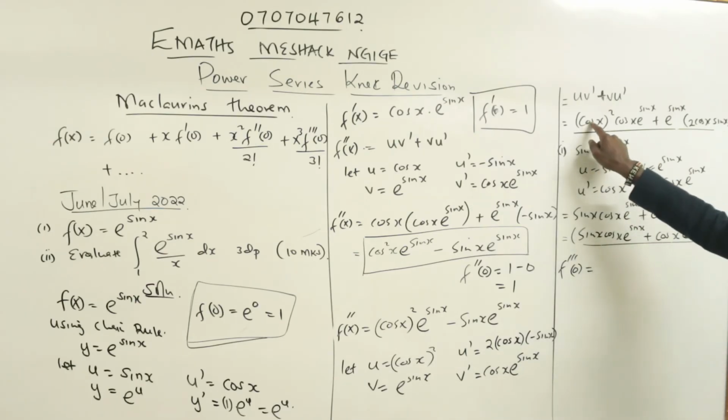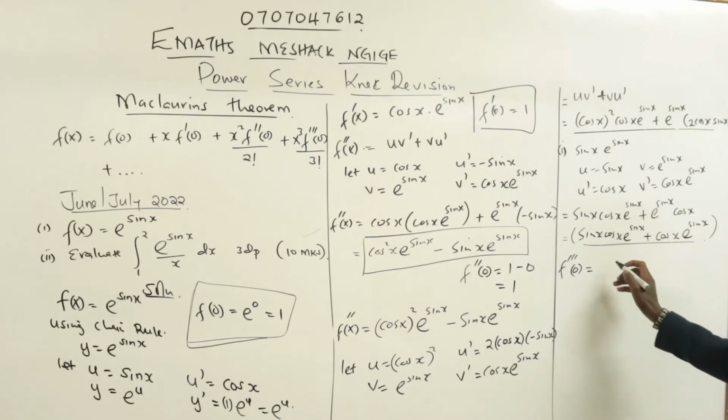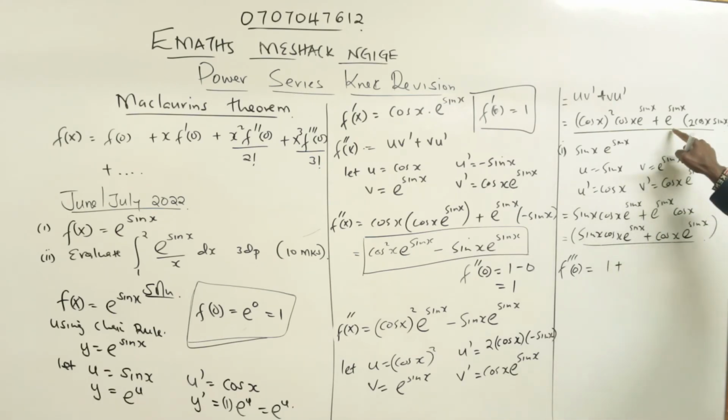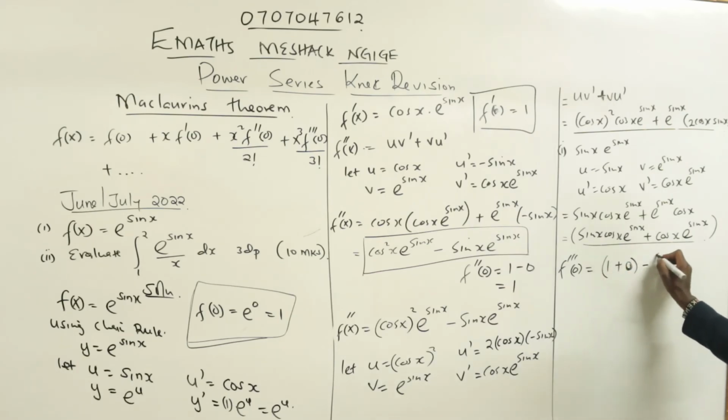Right? So here when you replace with 0, you shall have 1. And here we shall have 1, we shall have 1. So the whole of this just becomes what? Just becomes 1. Then plus the whole of this, the aspect that you have a sine at the denominator, the whole of this becomes 0. Then minus, let's take whatever we have inside here.